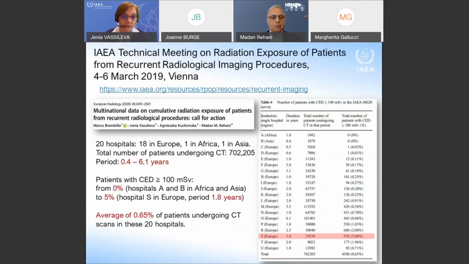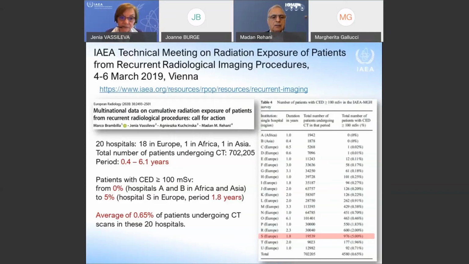But despite these variations, we found from 0% of patients with a cumulative effective dose above 100 millisievert to 5% in one of the hospitals in Europe in only 1.8 years. The average percentage was 0.65, in fact similar to the results of the previous study published by you.